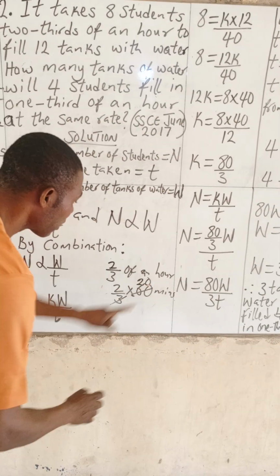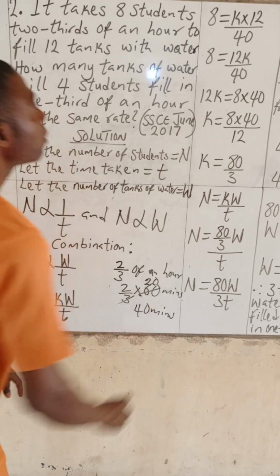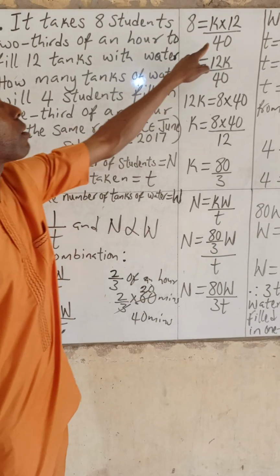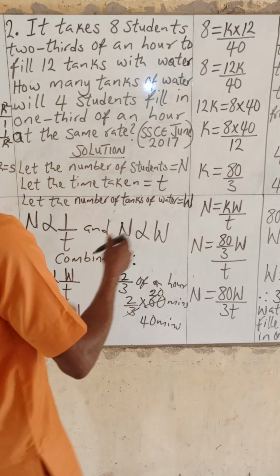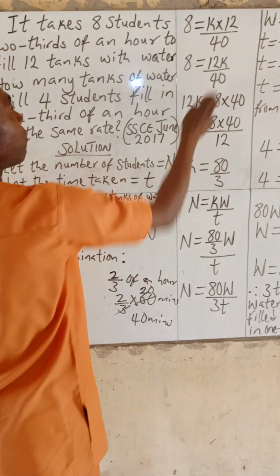If you multiply 2 and 20, it gives us 40 minutes. So that was why instead of t, we substitute it with 40 minutes. So here we have 8 equals k times this, 12k over 40.